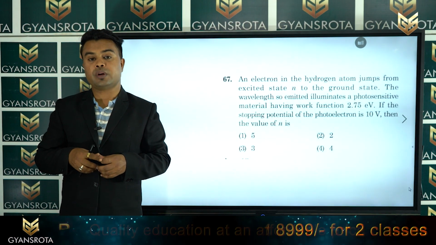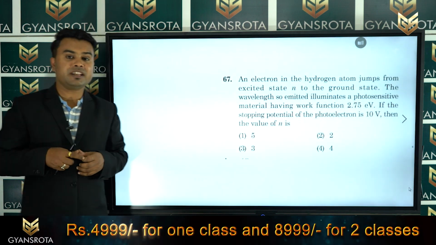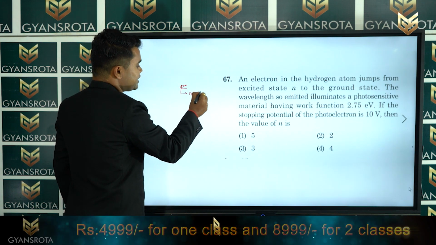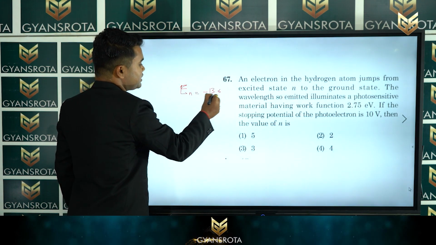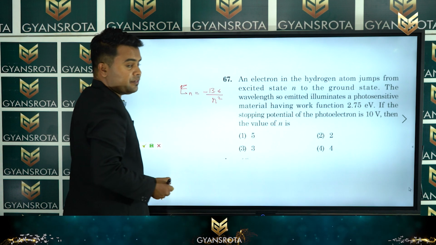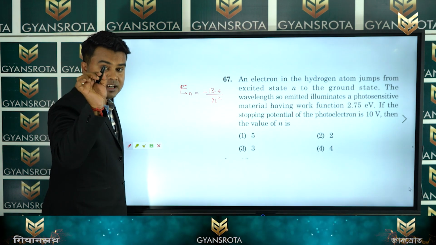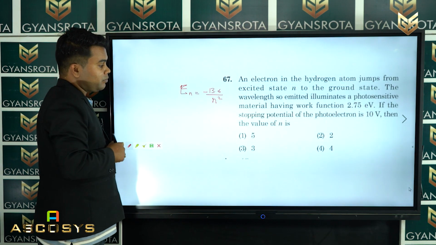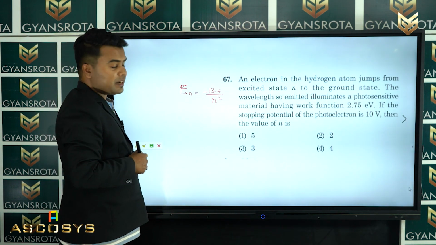So, how are you going to approach this question? We know that total energy E n for hydrogen atom is 13.6 divided by n square. First of all, this is a question from the chapter atoms, topic Bohr model of hydrogen atom.